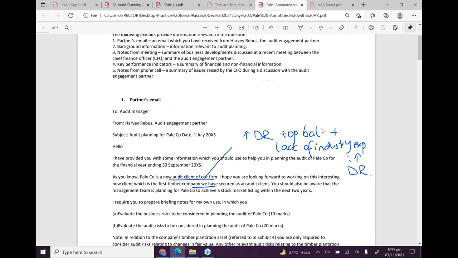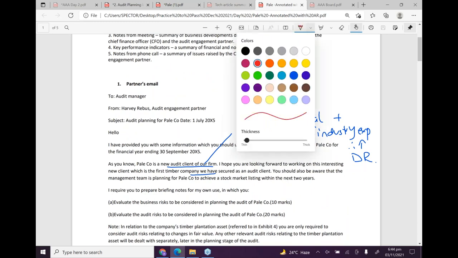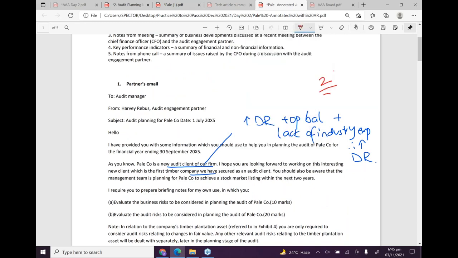regarding IS 37. Okay, so you'll only get 2 out of 2 for your new client if you cover lack of knowledge leading to high detection risk plus opening balances being misstated. In this question, you could also get 2 in total if you talk about lack of industry experience as well.